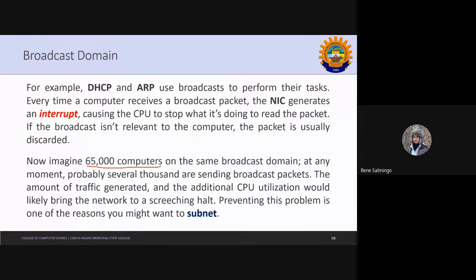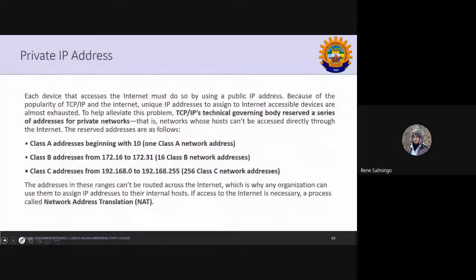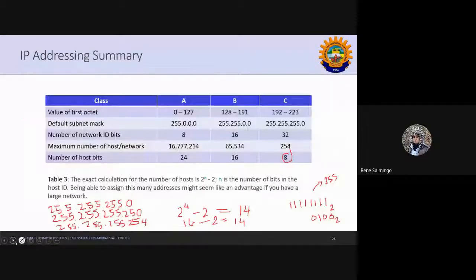If you go higher to class A, it might be expensive because the number of hosts is larger. So in this scenario, you could use either class A or class B. But for class C, you only have a small number of hosts per network.